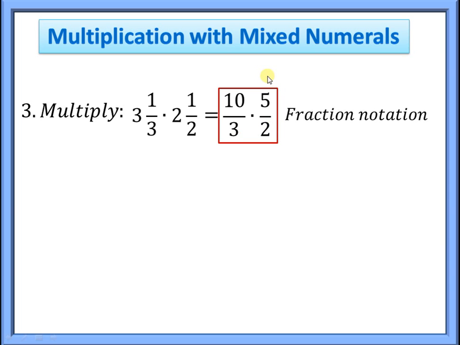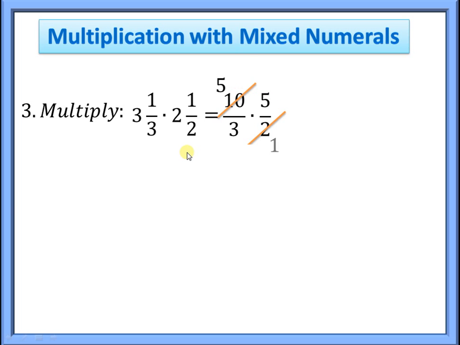Now check it out first. Can we cancel? Can we reduce this one? Yes. The 10 and the 2 can still be further simplified. We can divide both 10 by 2 and 2 by 2. So the answer will be 5 and 1.